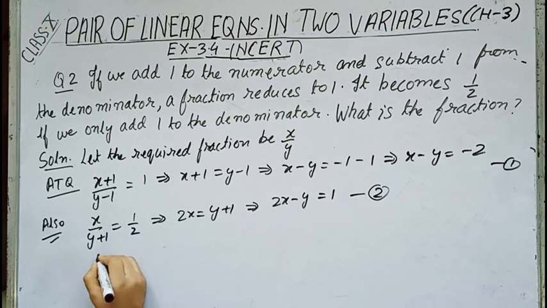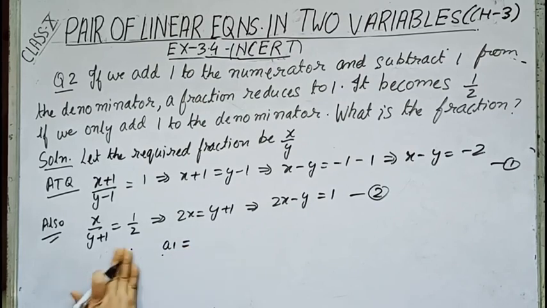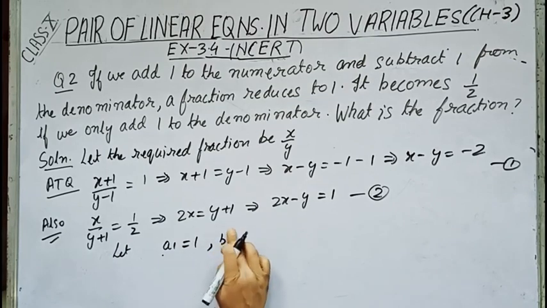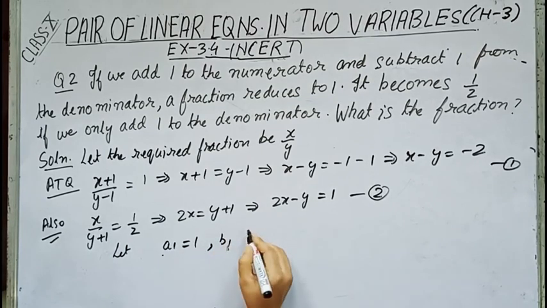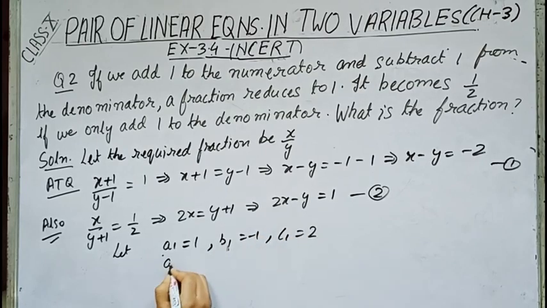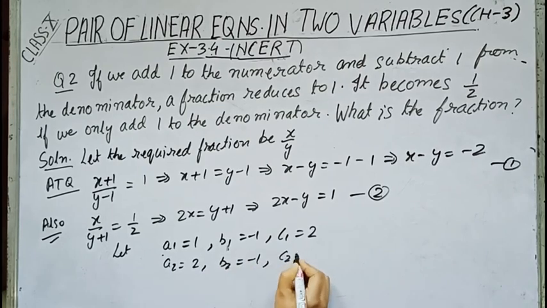So let a1 equals to 1, b1 equals to minus 1 and c1 equals to 2. a2 equals to 2, b2 equals to minus 1 and c2 equals to minus 1.